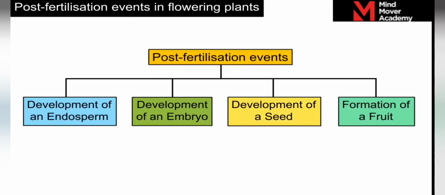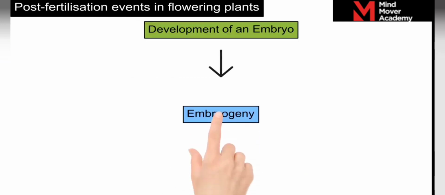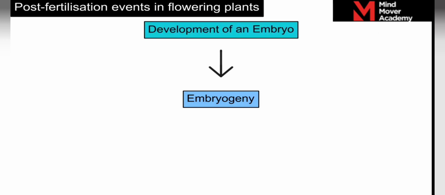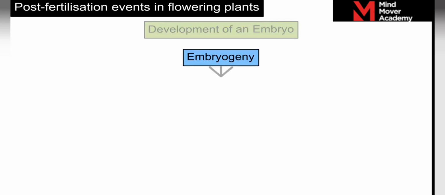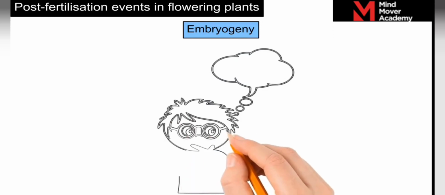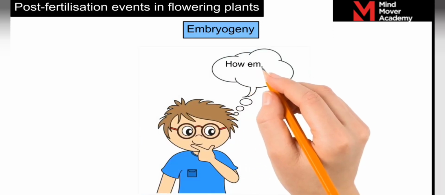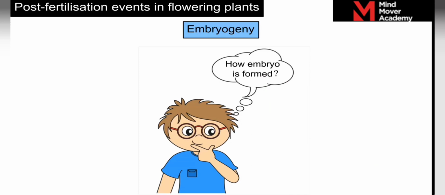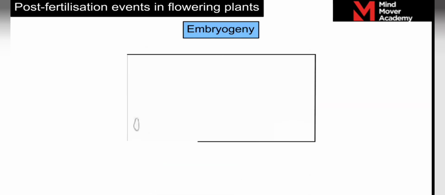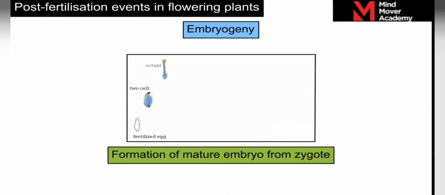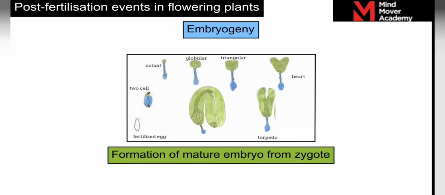Now let us move on to the next event, which is embryogeny, or the development of an embryo. This major event takes place inside the ovule of the carpel. But how does this happen? The diploid zygote divides many times by the process of mitosis to produce an embryo. The zygote divides to form a proembryo and subsequently the globular, heart-shaped and mature embryo.